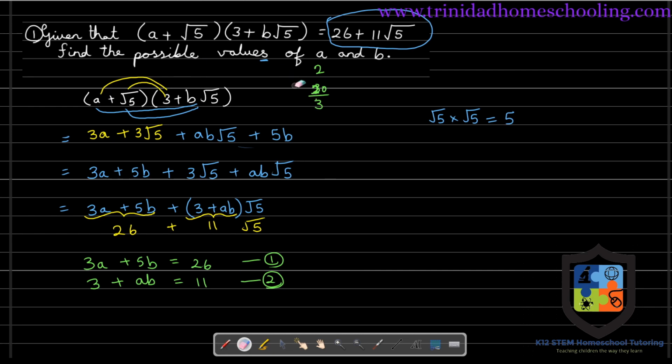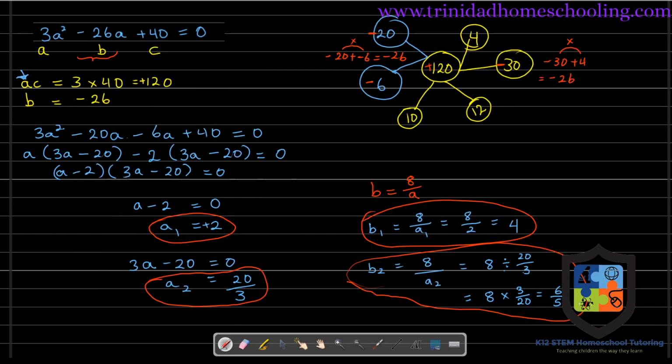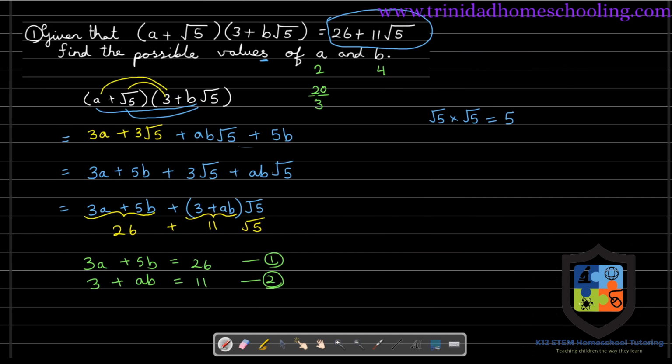Our values for b, let's just double check that: when a was 2, b was 4, and the other one was 6 divided by 5. So 4 and 6 divided by 5. Those are the possible values for a and for b.